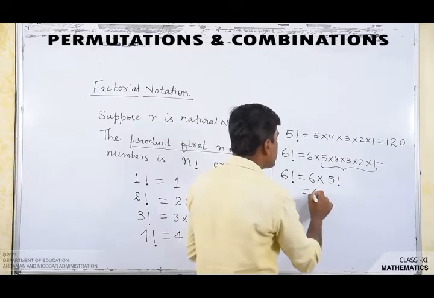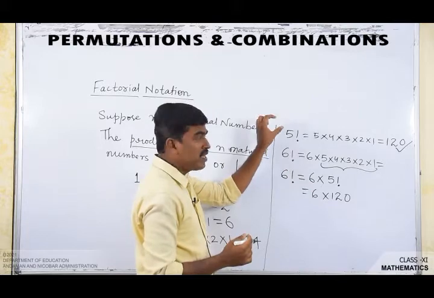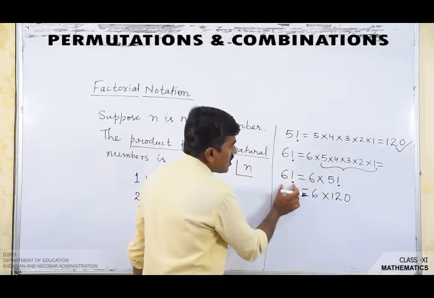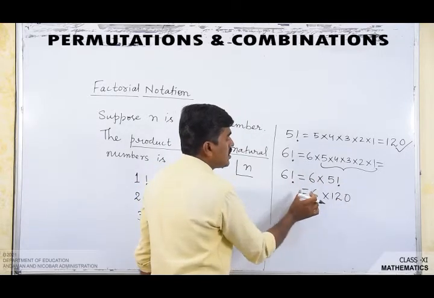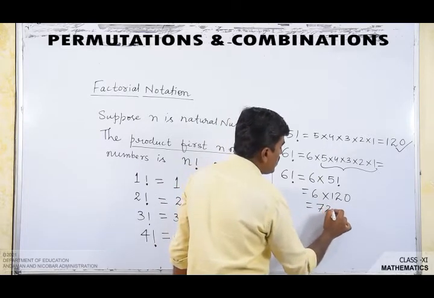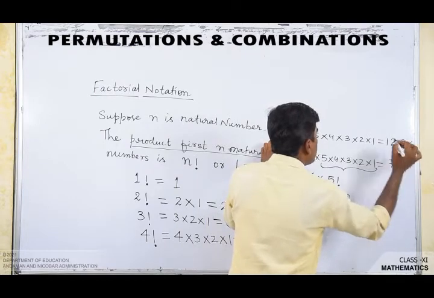We know the value of 5 factorial is 120. So it is equal to 6 into 120, and that is equals to 720. So 6 factorial is equals to 720.